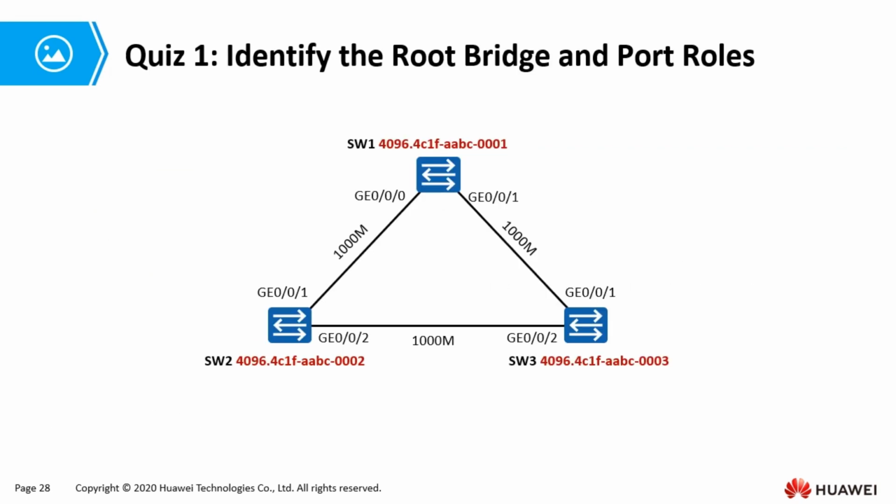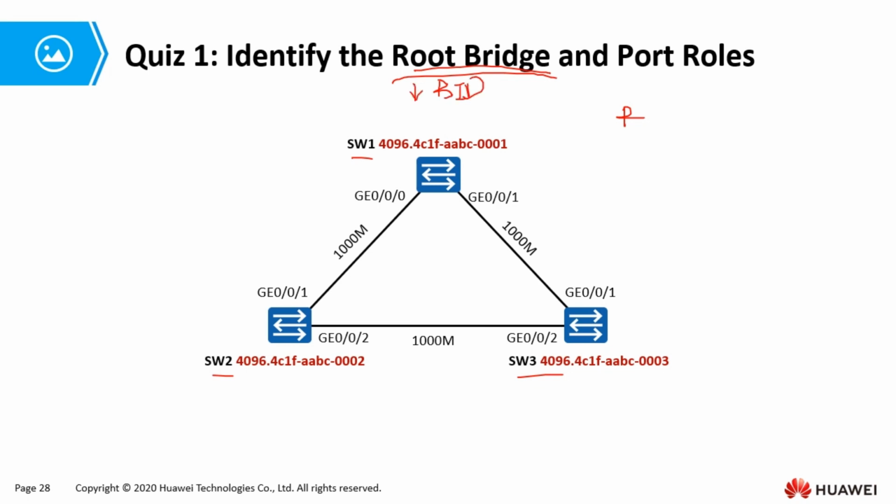Looking at this example, you have switch 1, switch 2, and switch 3. Always, the first thing is to decide who will become your root bridge. How do we decide the root bridge? We base it on the smallest bridge ID.